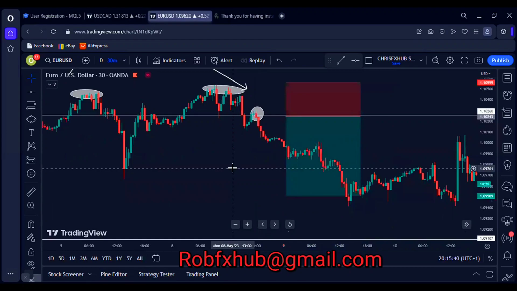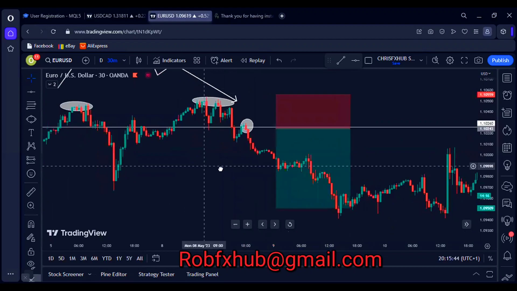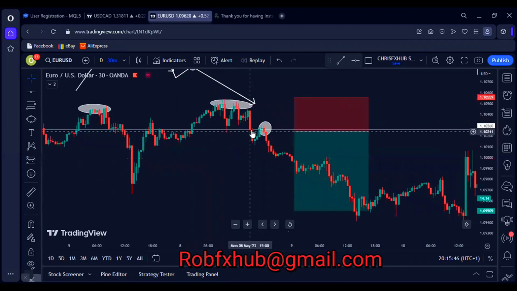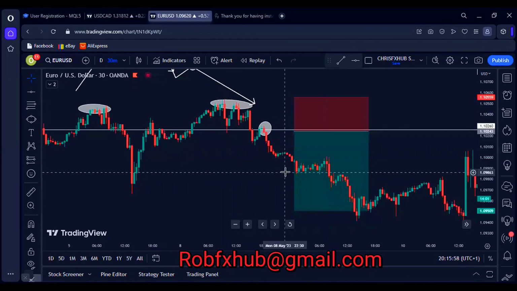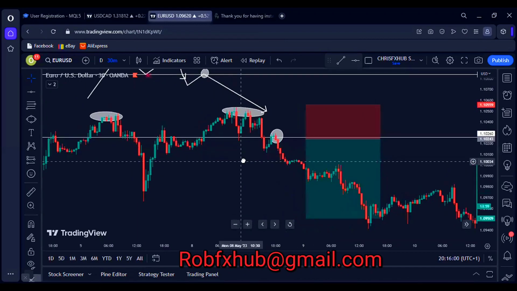If your accuracy is high, you will still be very much profitable. So it's always advisable to wait for the high and the low of the structure to be broken and retested, so that you can escape all the noise and the manipulation in the market. It will make your accuracy high.